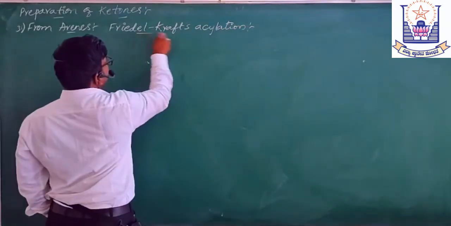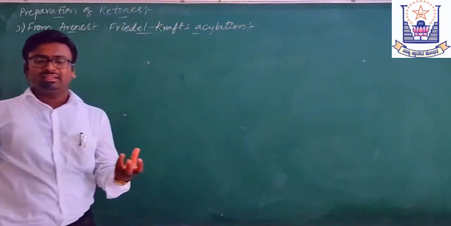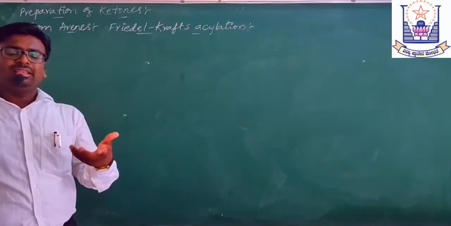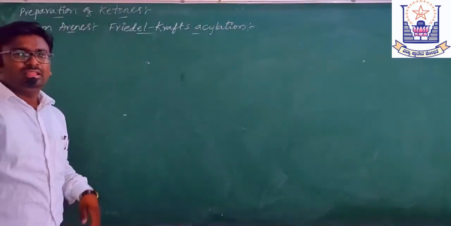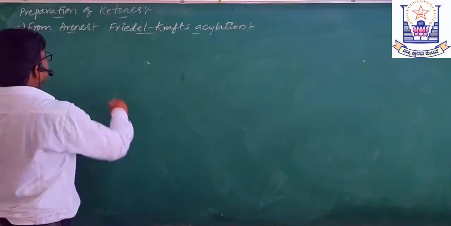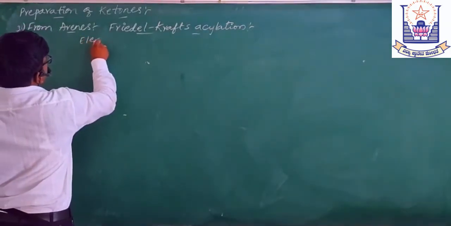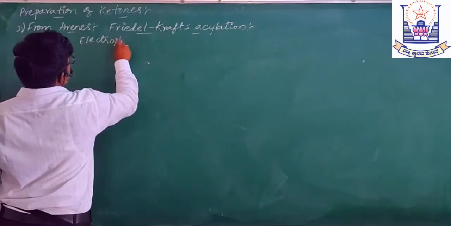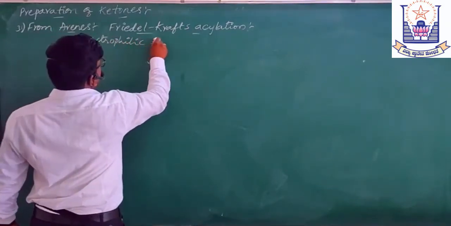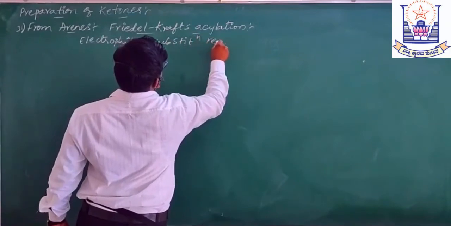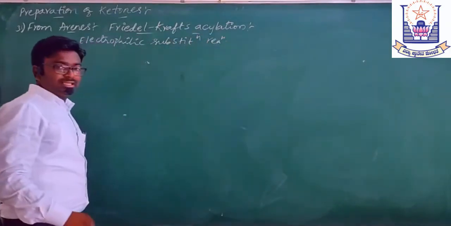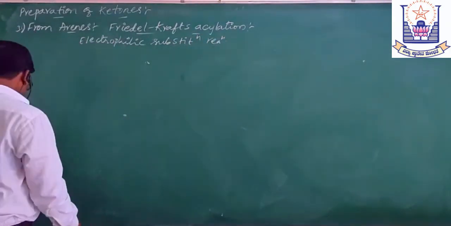Acylation means introducing the acyl group, that is RCO group or CH3CO group, in the place of hydrogen. This is an electrophilic substitution reaction.